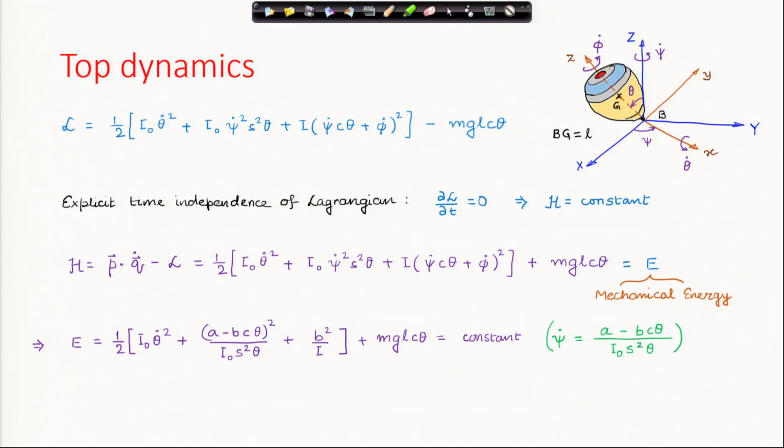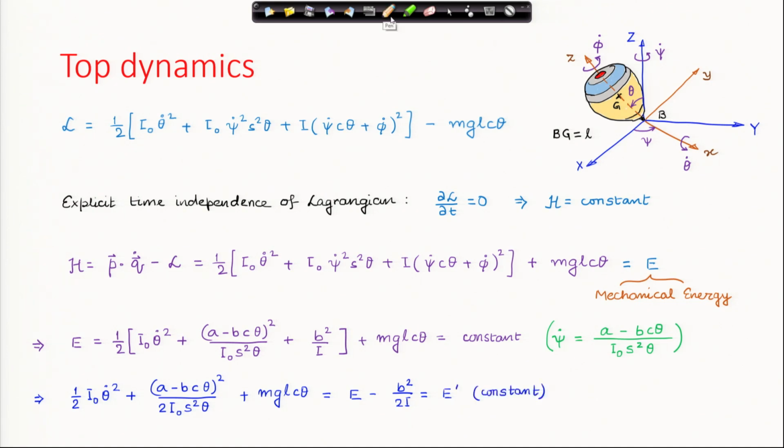Therefore, I can take it to the other side and combine with the total mechanical energy E to define a new energy term, which I call E prime, as I have shown you, and E prime is a constant of motion.